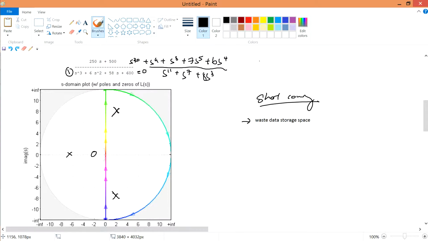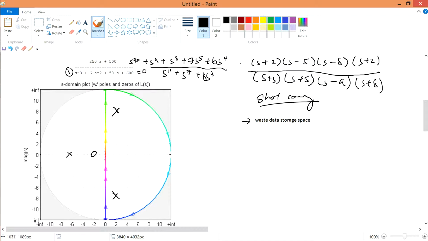For example, if it has roots of something like that, if I were to find the roots and then rearrange in terms of the system, for example, this is totally unrelated, but for example, if they're equal, we can see that there are zeros inside the right half plane, because what makes this thing 0 is, for example, s minus 5. What makes this thing equal to 0 is when s is 5. So if you have 5 over here, this means that my zero is over here. This means it's inside the right half plane. That's what I mean.